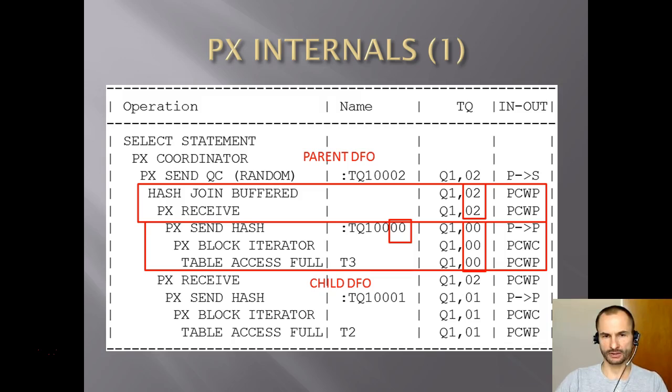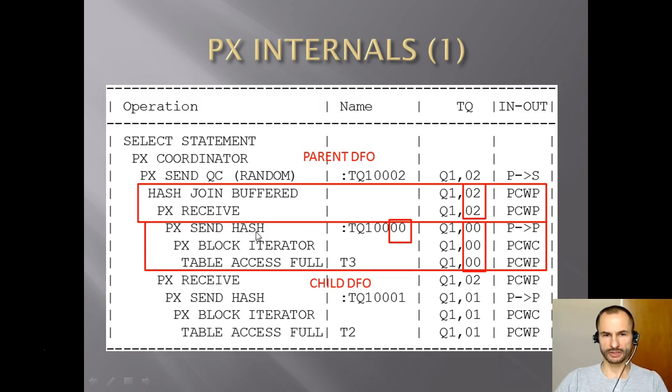So this child data flow operation here, this 00, actually in this case talks then to this 02. And then we will see in another step how this works when we continue. But the important point to understand is this one parallel slave set is working on this DFO, producing the data. One parallel slave set is working on this part here, receiving the data and building these hash tables.